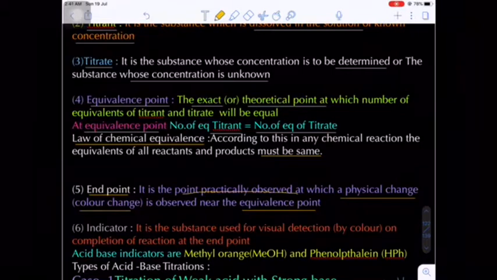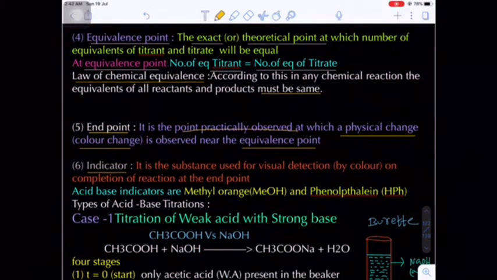Generally in acid base reactions, we cannot know exactly where the reaction is completed, because neither acid nor base is generally colored. They are colorless solutions, so we have to observe a particular point where some physical change, the color change, occurs. That indicates the completion of the reaction, and that point is regarded as the end point.